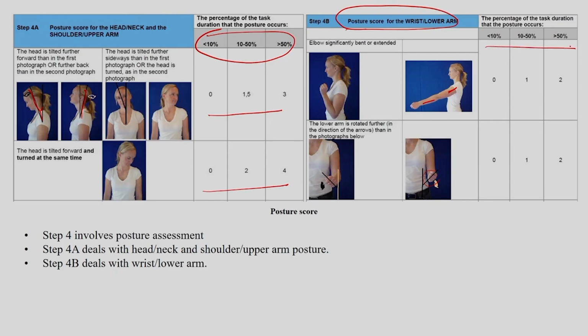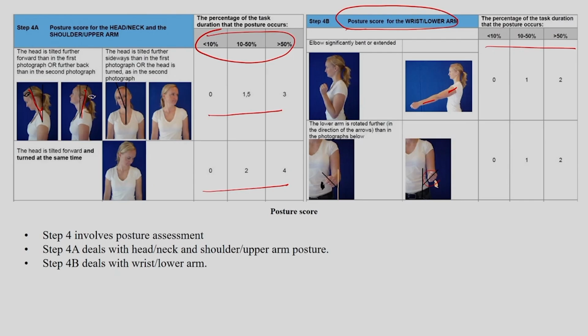Now you can ask how do you calculate this type of percentage. What you need to do is understand the basic range of motion and what is happening during their working posture. From there you can do the calculation.